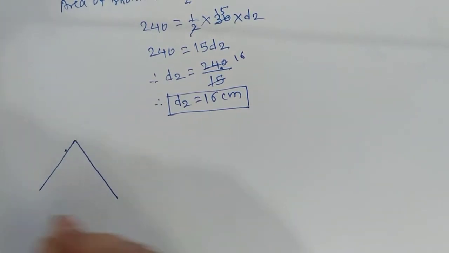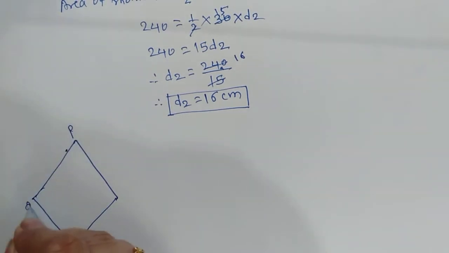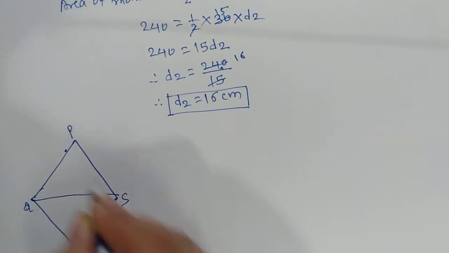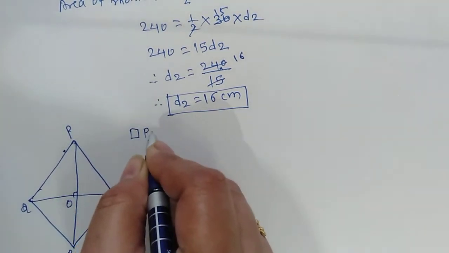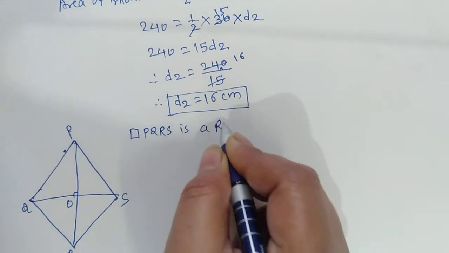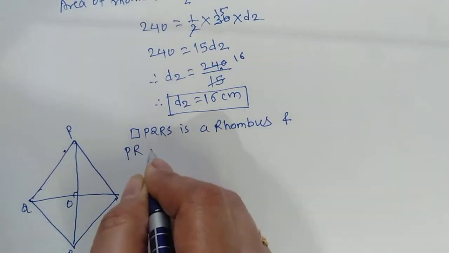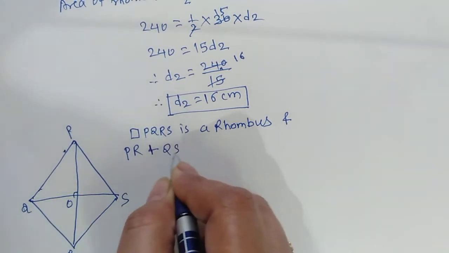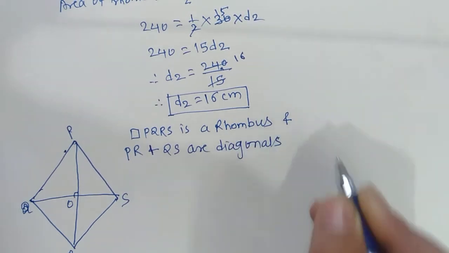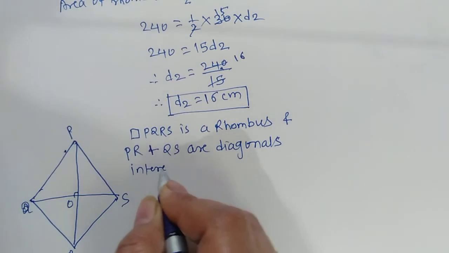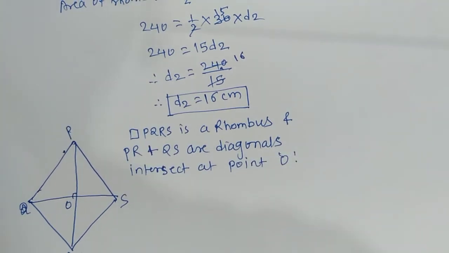See, this is the rhombus PQRS, and their diagonals intersect at point O. So write down, quadrilateral PQRS is a rhombus, and PR and QS are the diagonals intersecting at point O. Very simple.